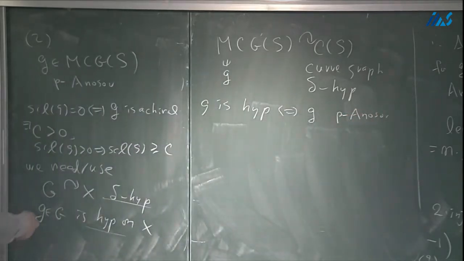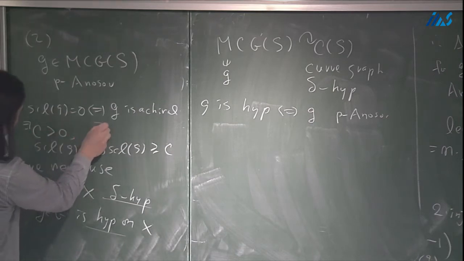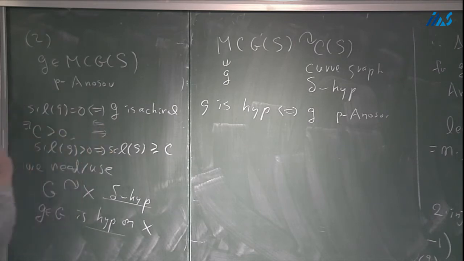So then, in this picture, you try to use this quasi-morphism argument and show... So this direction is easy, so you work hard on this direction.